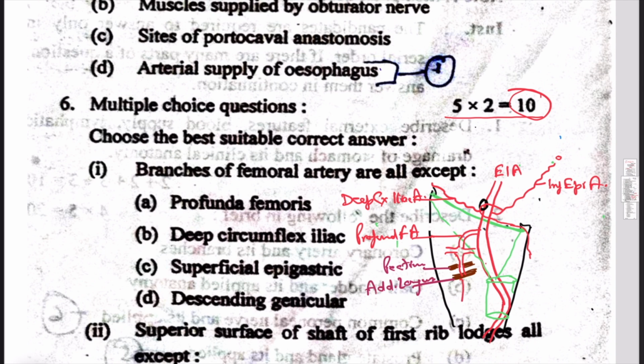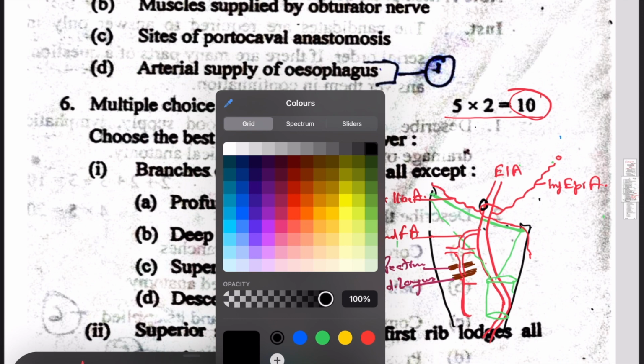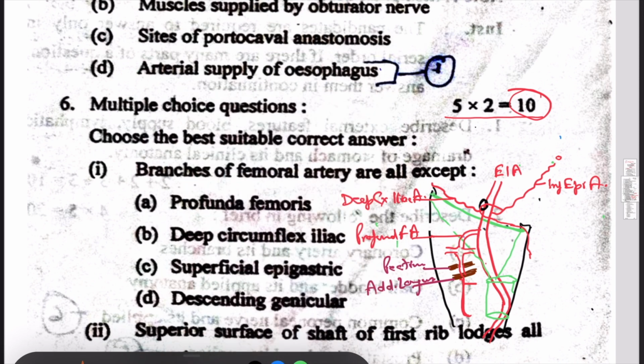Then, when it reaches into the medial compartment, this artery will give its four perforating branches, right? To make you remember this, it will be easier. What is the key muscle of the medial compartment of the thigh? Remember, the key muscle is adductor brevis.